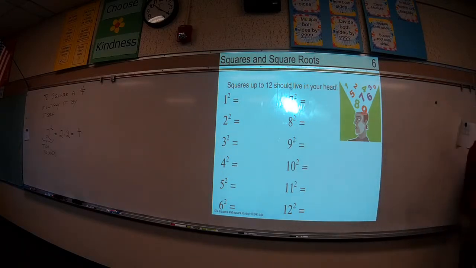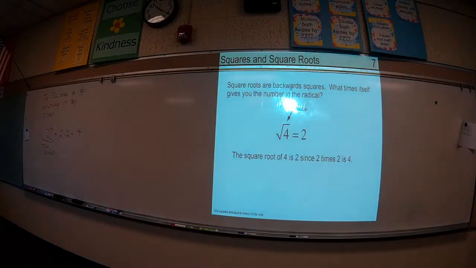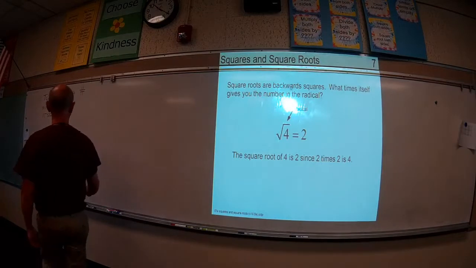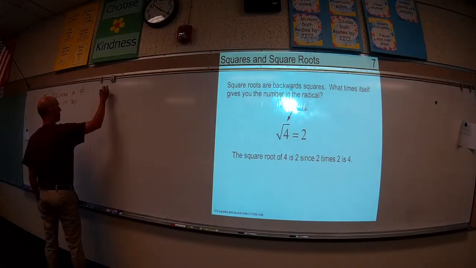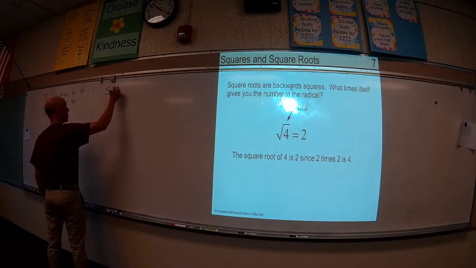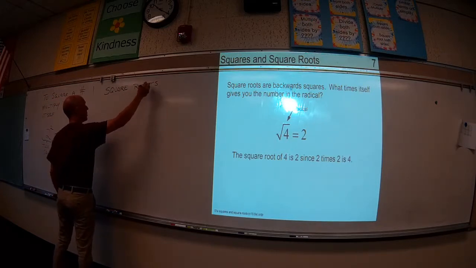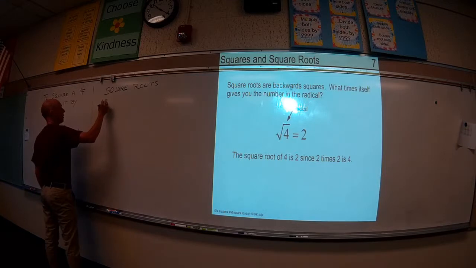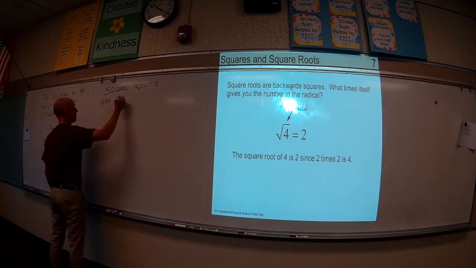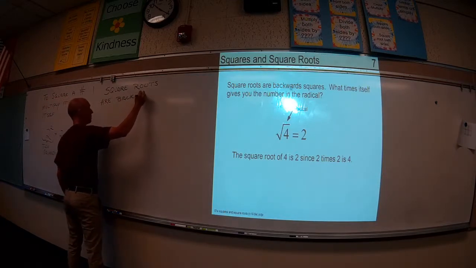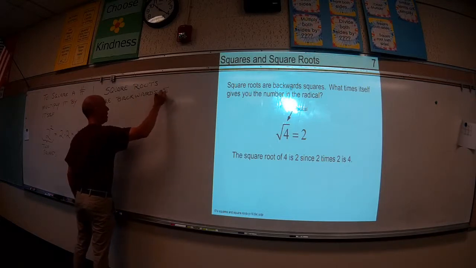Awesome. Those are the squares. Now, we're going to do square roots. In your notes, square roots are backwards squares.